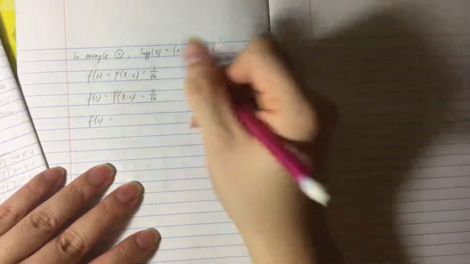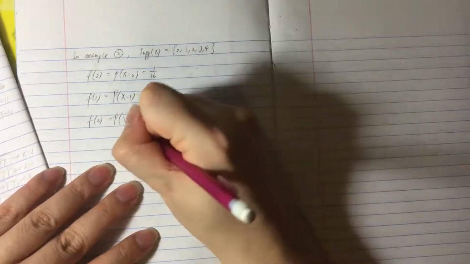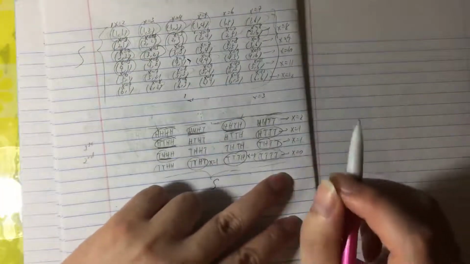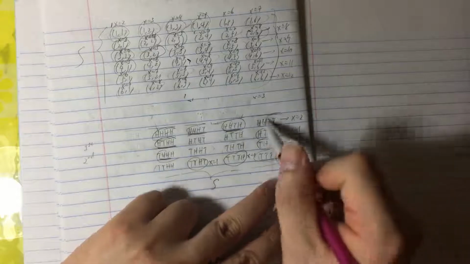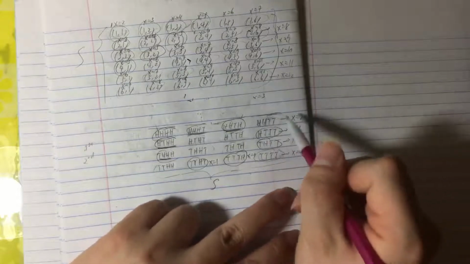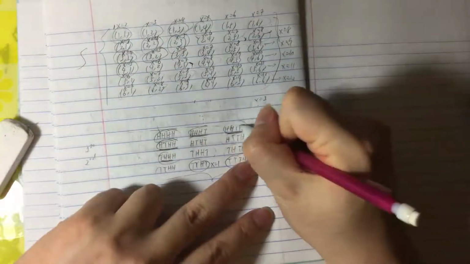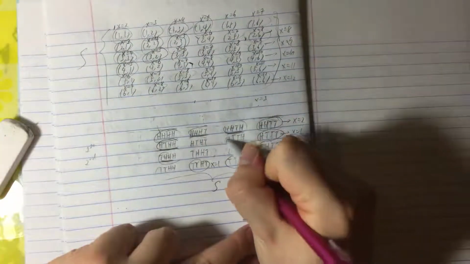F of 2 represents the probability that x equals 2. X equals 2 means x represents the number of heads, so 2 heads in the sample space. This sample point has x equal to 2. There are 2 heads here. This sample point has x equal to 2.